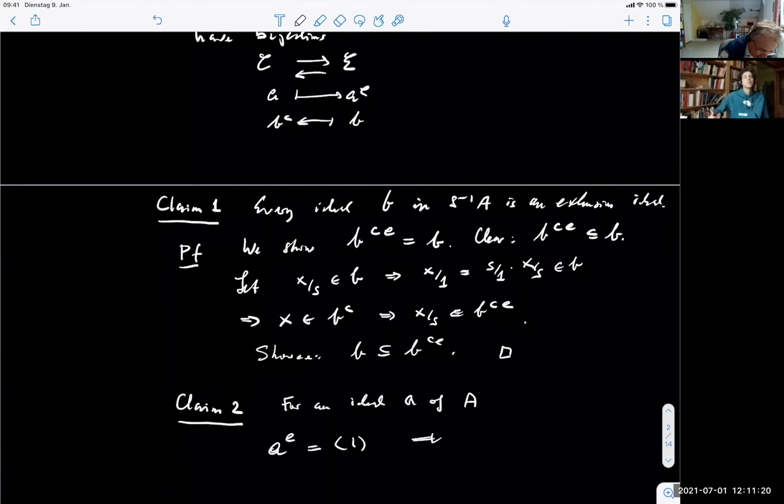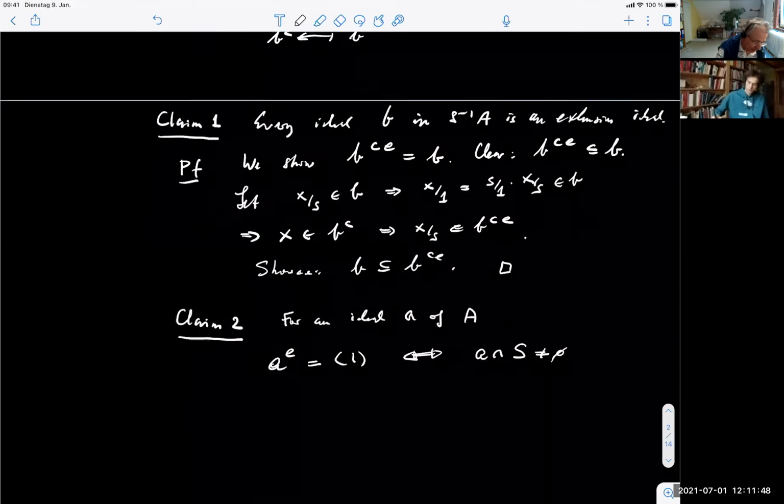You have an ideal, you extend. If you get the ideal generated by 1, you kind of lose all information. So when does this happen? I claim this happens if and only if A does intersect the set S. If and only if. And let me prove it.